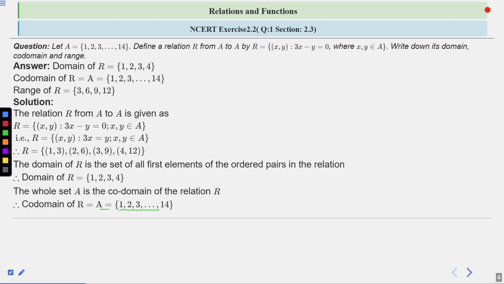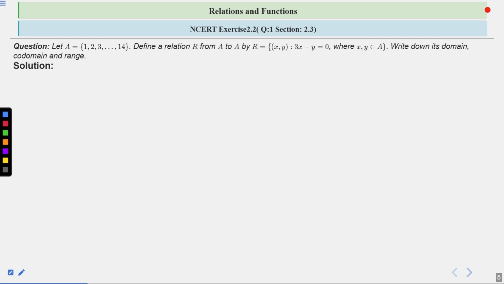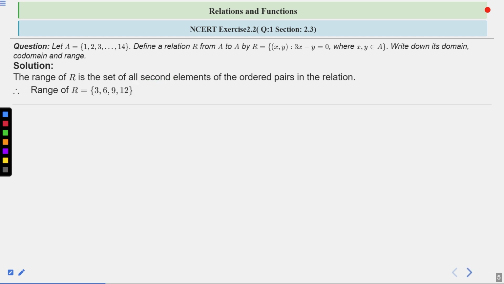And the range is collection of all the second elements of the ordered pairs. So range is going to be 3, 6, 9, 12. Okay?